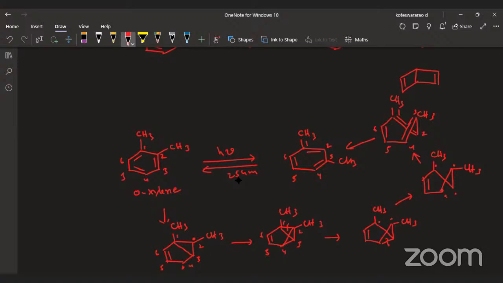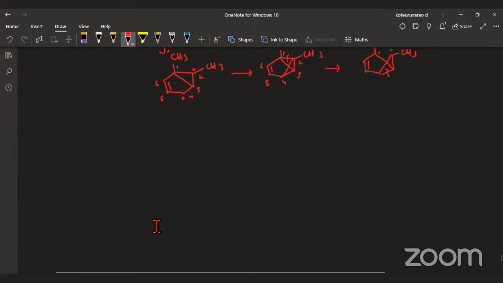If you consider 1,3,5-tributyl benzene, for example, this is the benzene, and it is substituted with tertiary butyl groups.